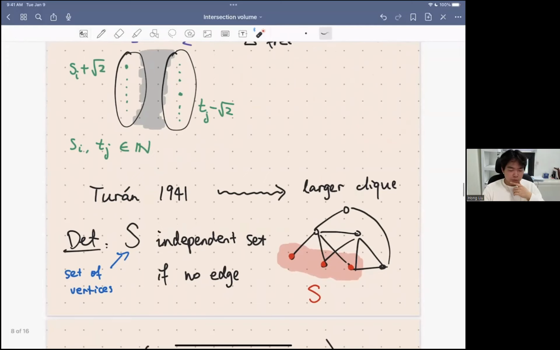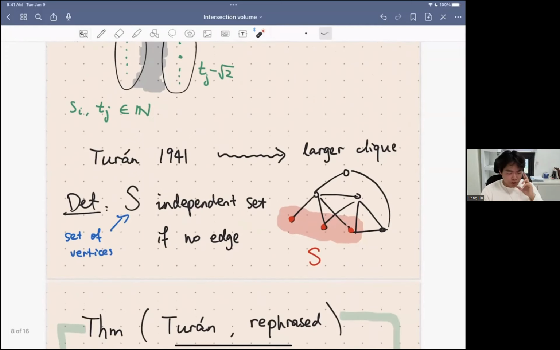So for this, let me briefly recall a definition called the independence number. What is an independent set? It's just a set of vertices in the graph on which you don't see any edge. So in this picture, if you look at the graph induced on these 3 vertices, it's empty.